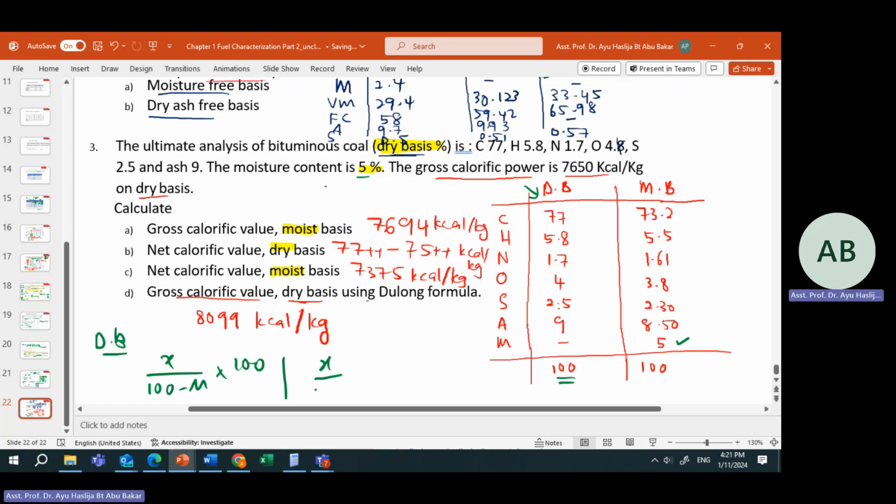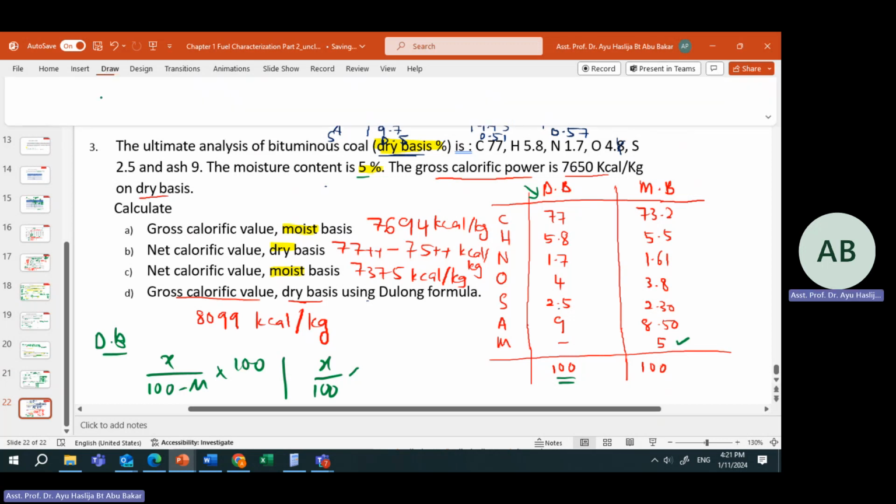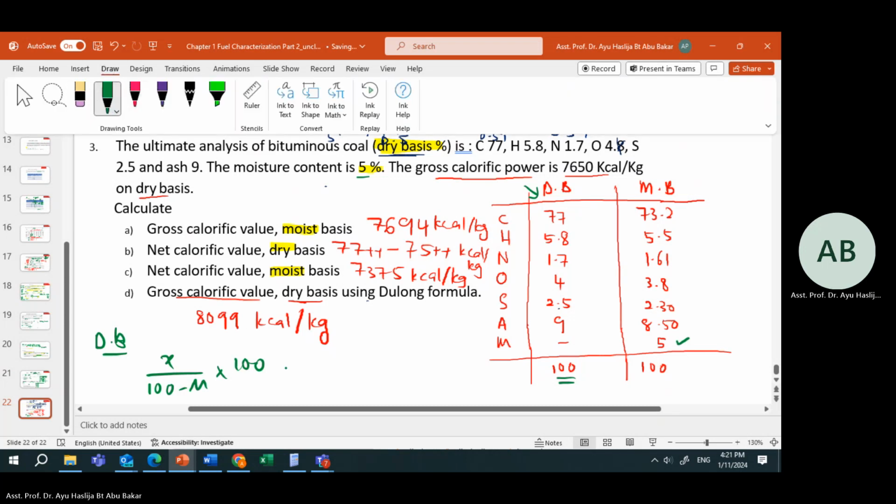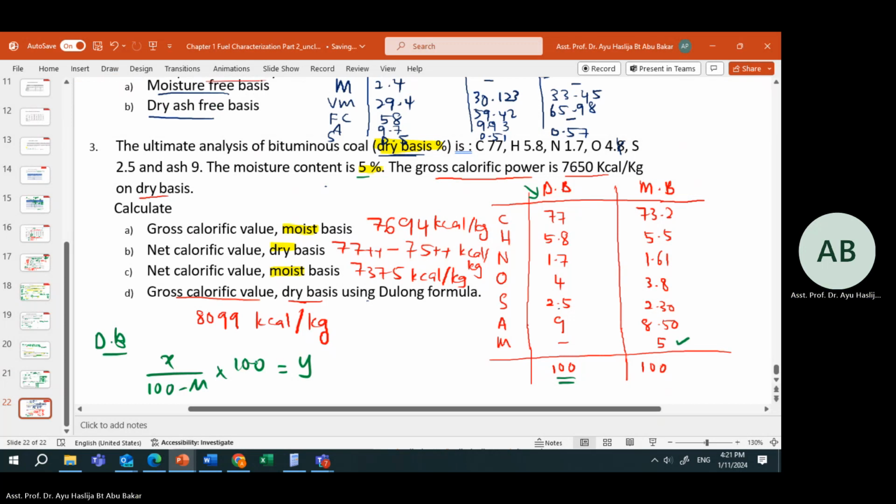So X over 100, like this, wait, wrong. This gives Y. Okay, now we want to find this X. So, Y over.